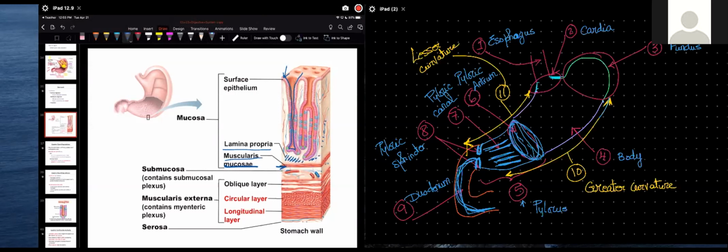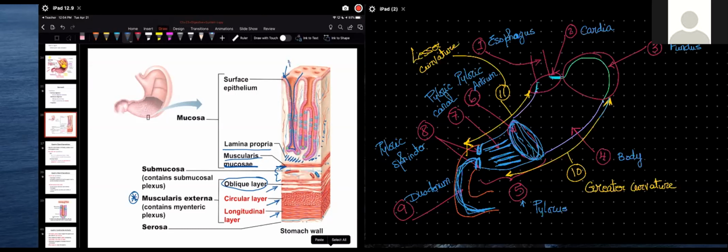The major difference that you will see is not in the submucosa. Submucosa is still the same. The major difference is the presence of a third muscle layer in the muscularis externa. So if we're looking on here, we've got outer longitudinal muscle layer, middle circular, and the most internal muscle layer is going to be the oblique muscle layer. These are the two major differences that we have.